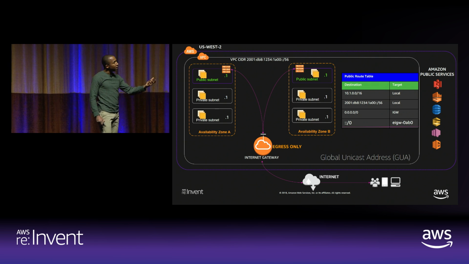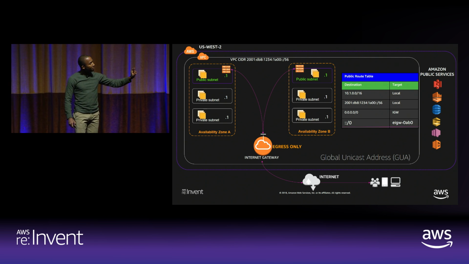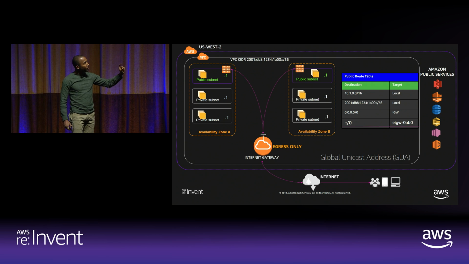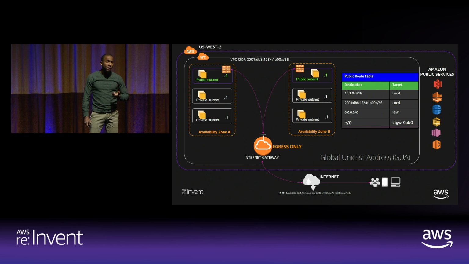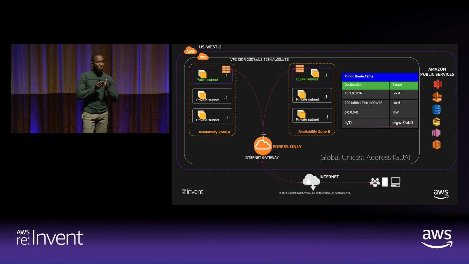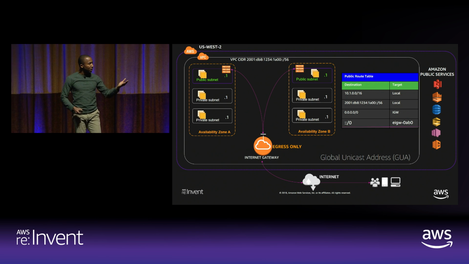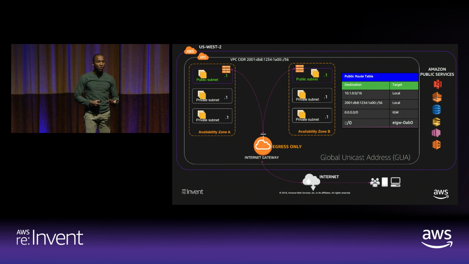Now, as you can see here, if you look at this route table, you'll see that there's a local route for your IPv6 space, and there's also a default route for the IPv6 space. It's very important to note that we handle both IP spaces differently, and both IP spaces have limits that are independent of each other. So if you look at something like the limitation on a route table of 100 routes, that's specific to an IPv4 IP space.